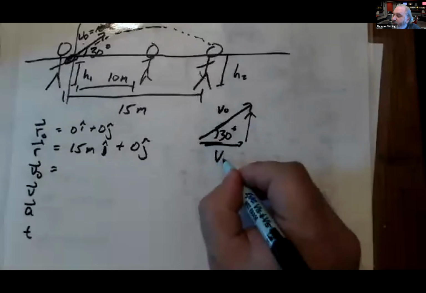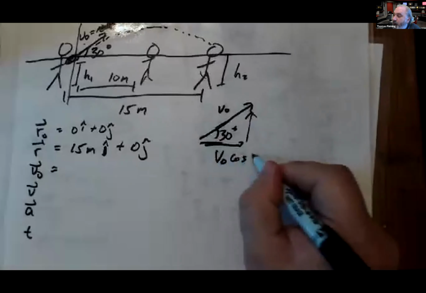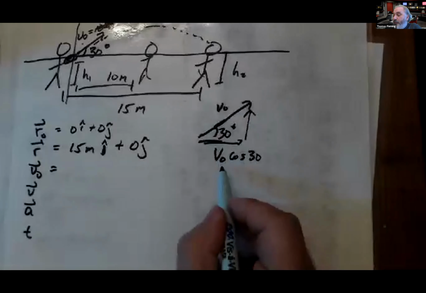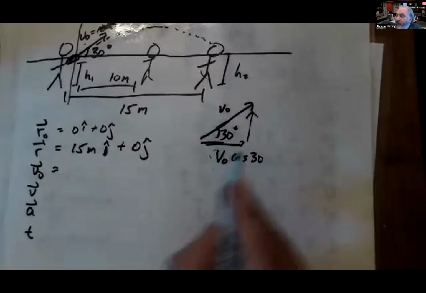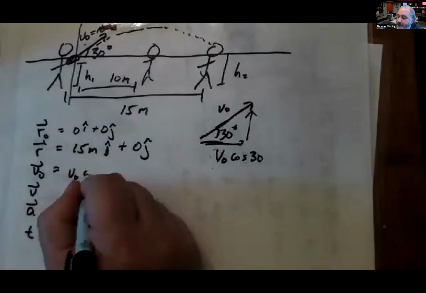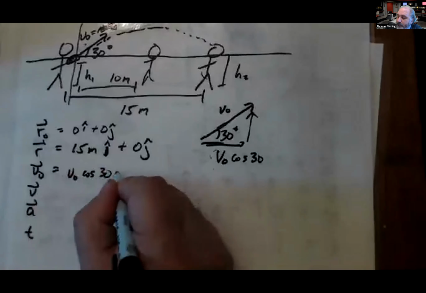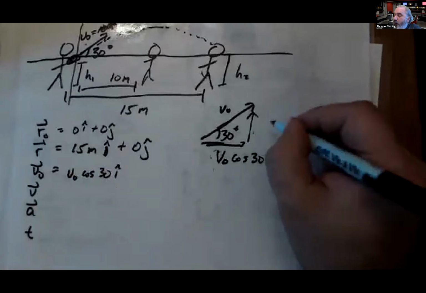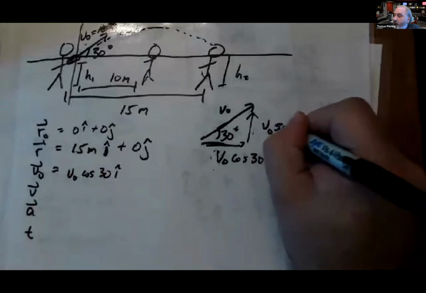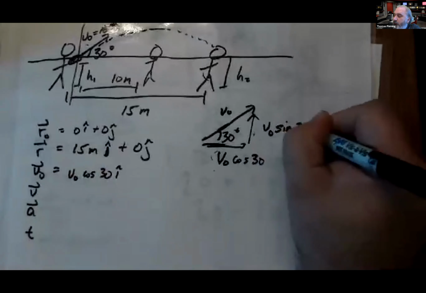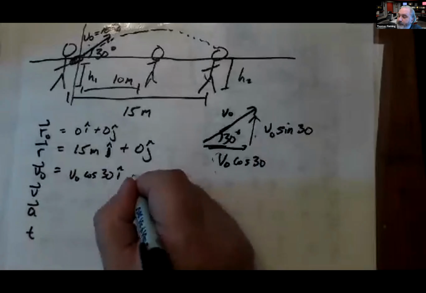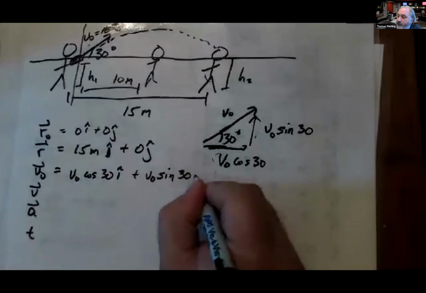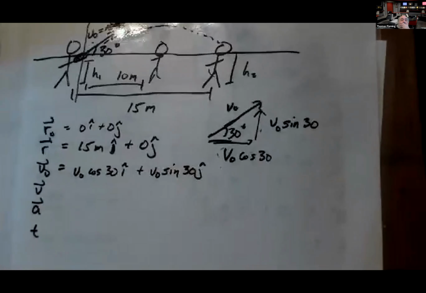That's going to be V initial times the cosine of 30. So that's a number I can't figure out yet because I don't know V initial, but I can still put this entire expression in for the X component. And by the same logic, the Y component would be V initial times the sine of 30. Piece of cake.